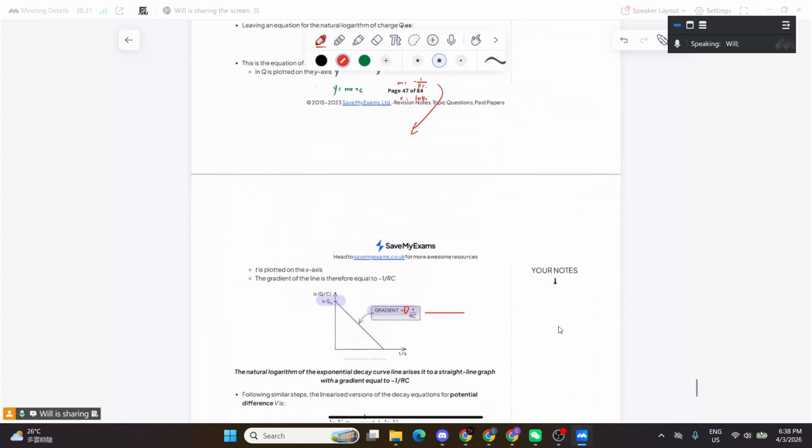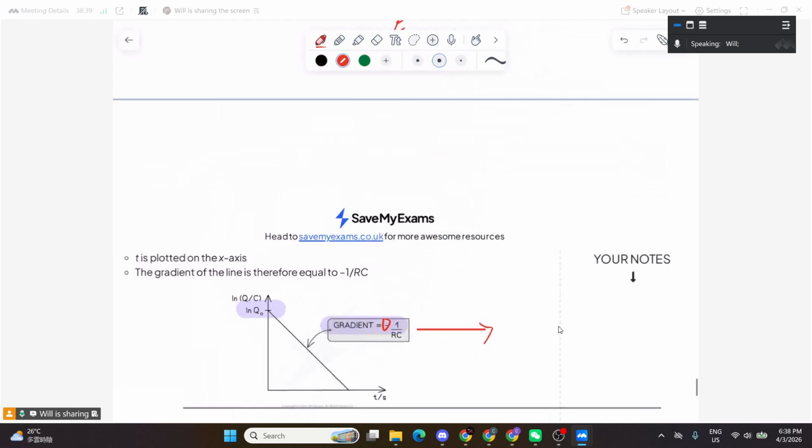If I want to find the RC, the time constant, how do I use the graph to do it? Find the gradient. Yes.